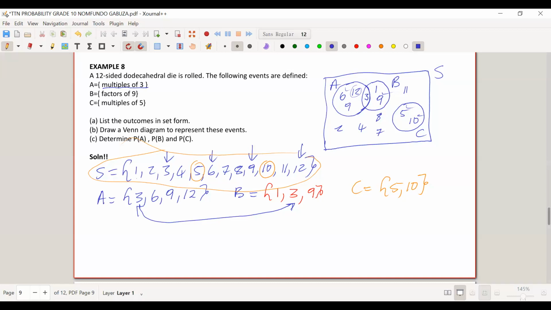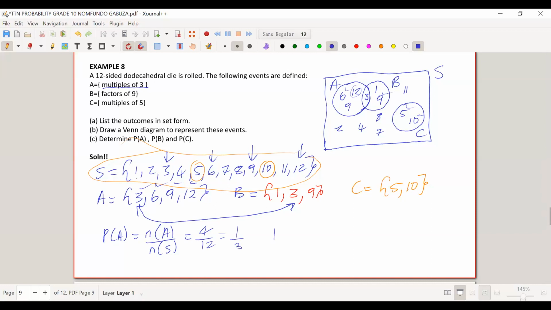And then for part C, it says determine the probability of A occurring, which means it's going to be the size of A over the size of the sample space. The size of A is 1, 2, 3, 4, which means we have 4 over the whole sample space, which means over 12, which is 1 over 3.